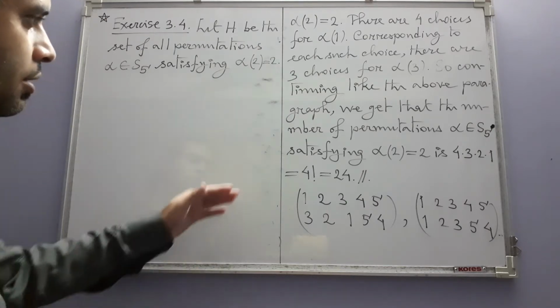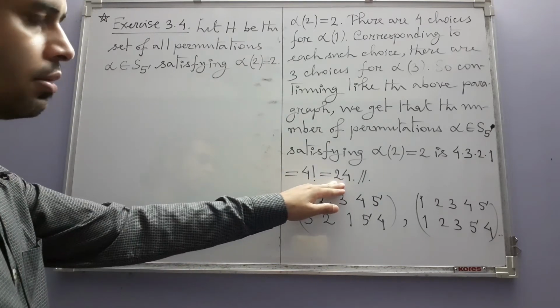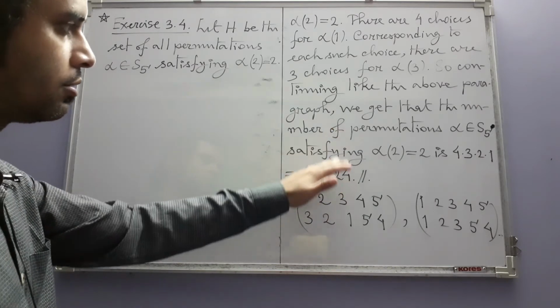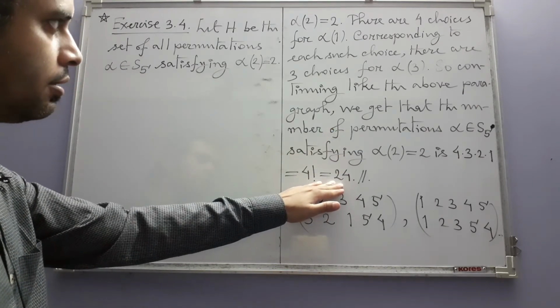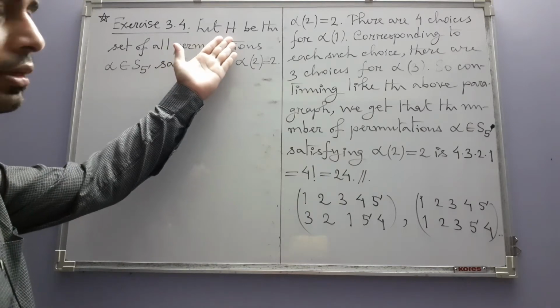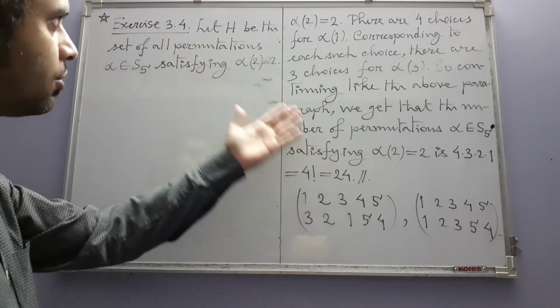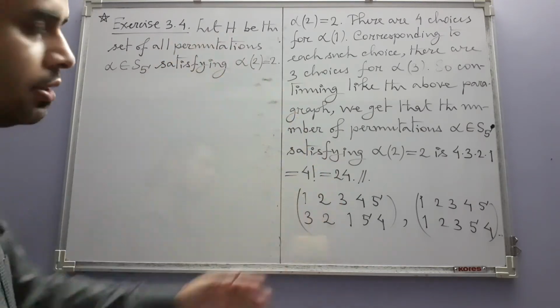So the set of permutations whose number we were trying to figure out is now H. So there are 24 elements in H. That's what we found here.